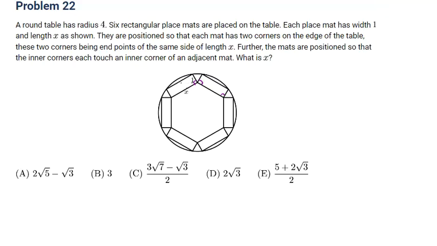Now, since this is a regular hexagon, this should be, of course, 120 degrees. So this should be 60 degrees since both of these are 90. So this should be an equilateral triangle with side lengths all being 1. Anyways, this is the center of this circle and the hexagon.